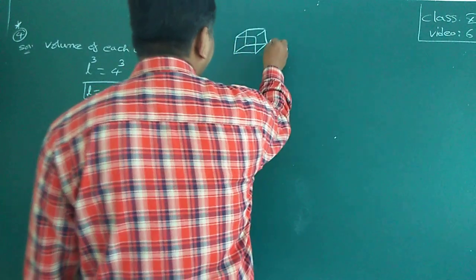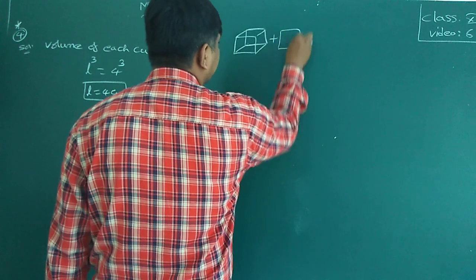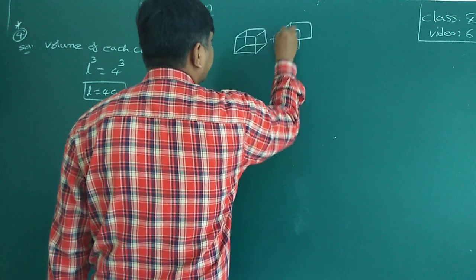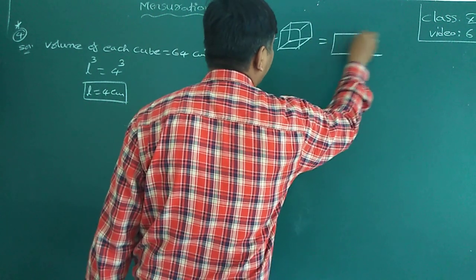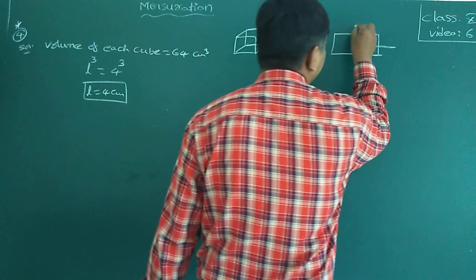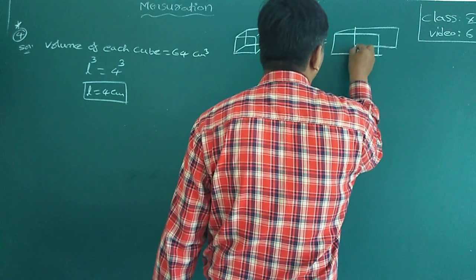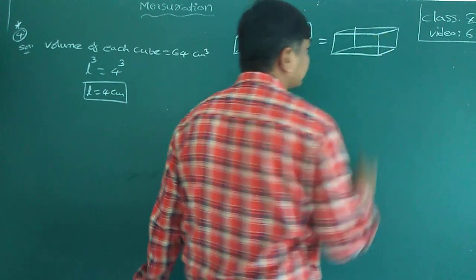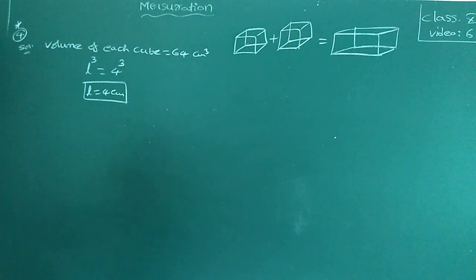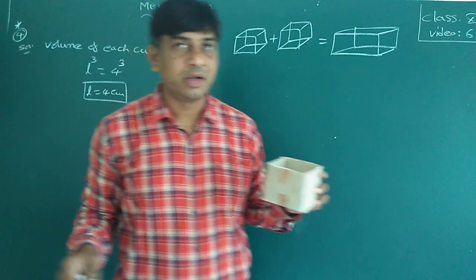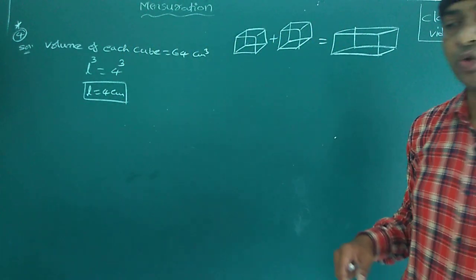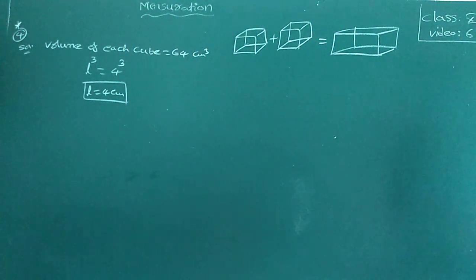Now, when you join two cubes, this is another cube. You are going to join these two cubes, then the result becomes a cuboid. This is one cube. Another cube, if I join, I will get a cuboid.